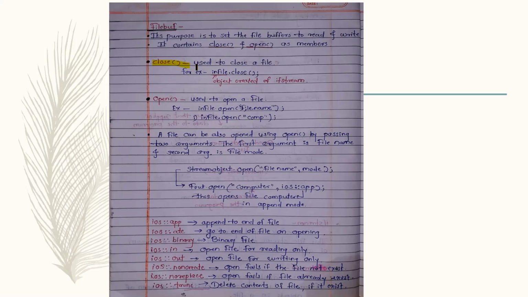Syntax for closing a file: object of ofstream dot close function. This is the object created of ofstream, dot close. This is the close method, and the second method is the open method. This is used to open a file.